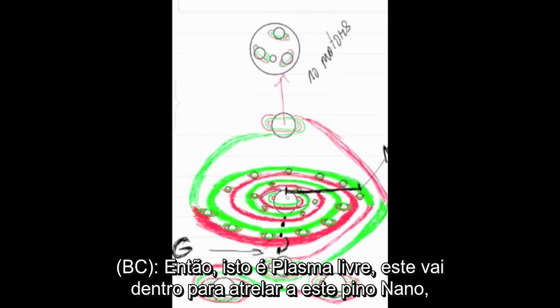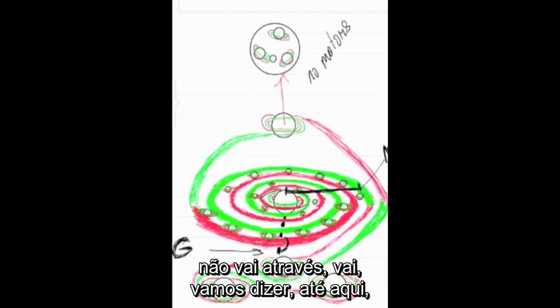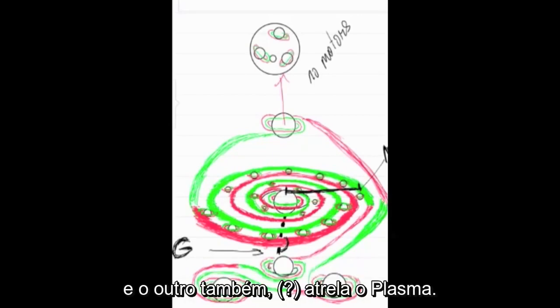So this is free plasma. This one goes in to attach this nano pin. It doesn't go through, it goes just, let's say, till here, and another one as well, to attach the plasma.